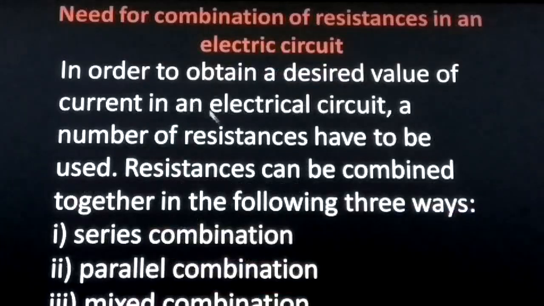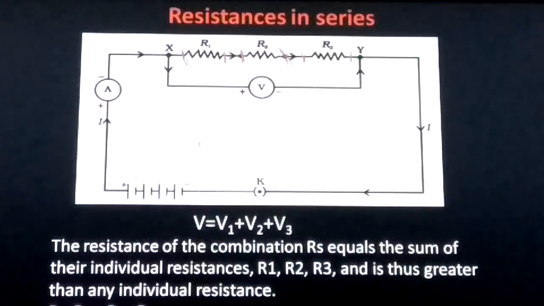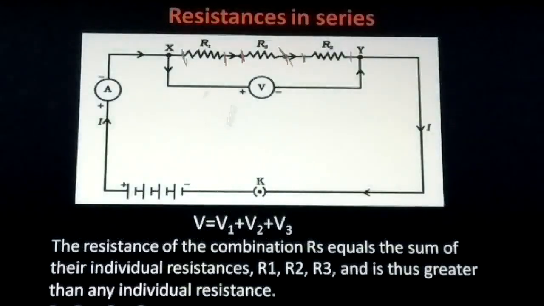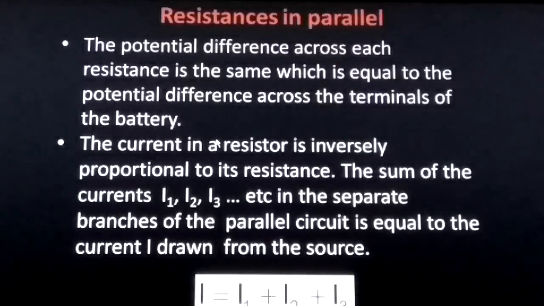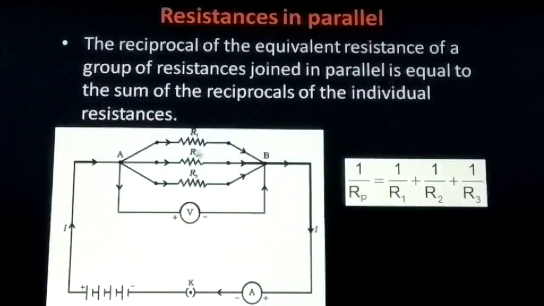And also the need for combinations of resistance in an electrical circuit: series combination, parallel combination, and mixed combination. In that we have seen resistance in series and their properties, how they are connected in series, and similarly the properties or characteristics of resistance in parallel and how they are connected.